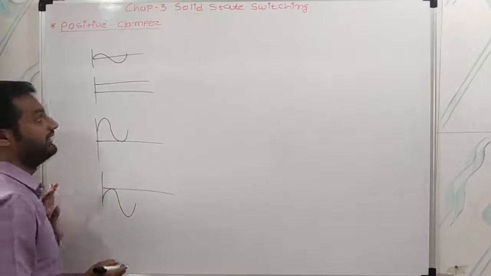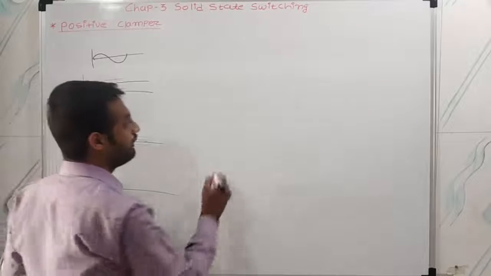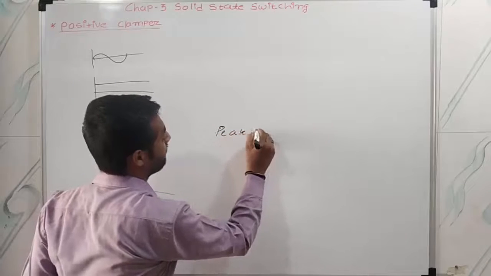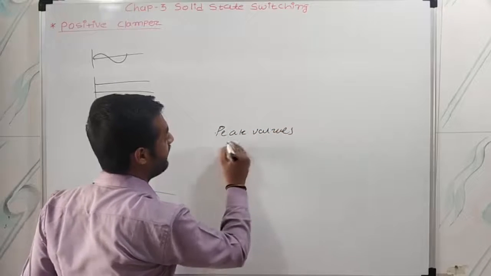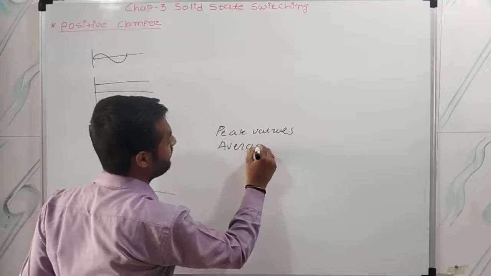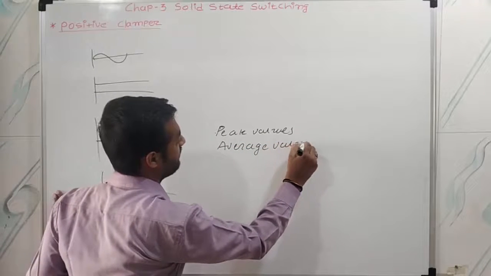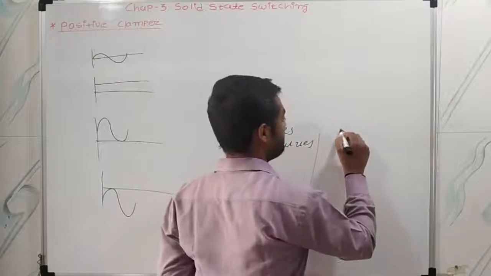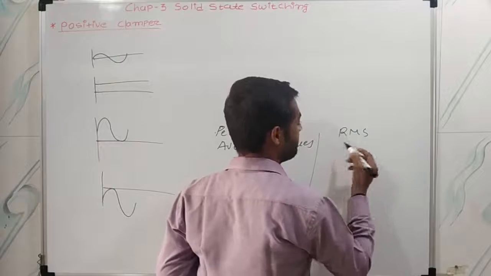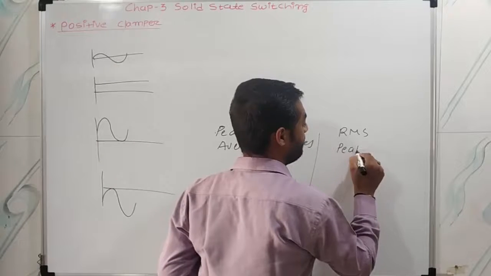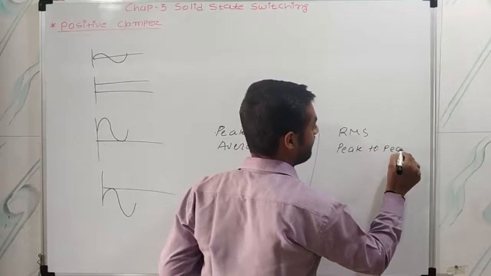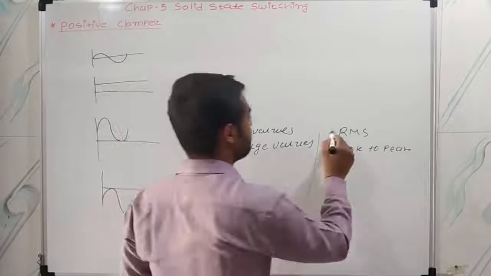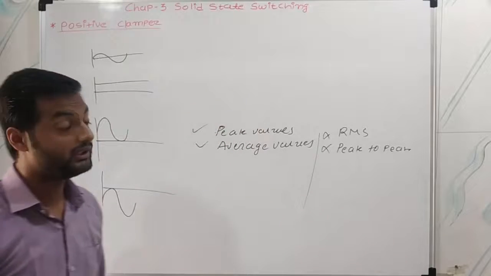Now in the clamper circuit I told you that the peak values and average values will change, but the RMS and peak to peak values do not change. These two change, these two do not change, right?